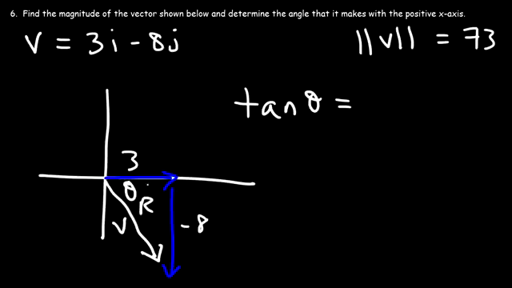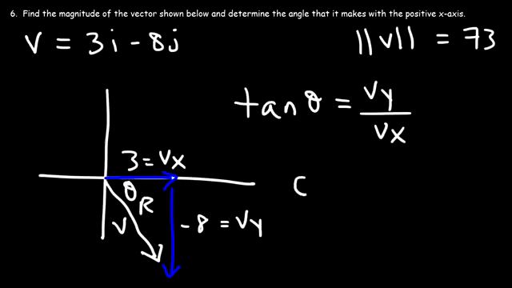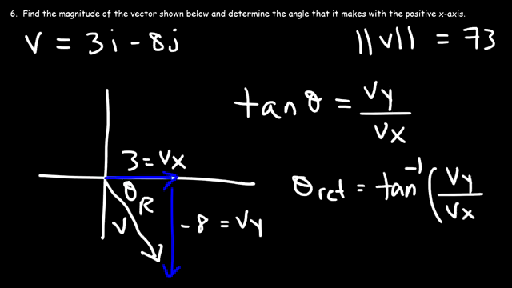In this case, opposite to theta is Vy, and adjacent to it is Vx. So tan theta is Vy over Vx. Now to find a reference angle, it's going to be the arctangent of the y component divided by the x component.